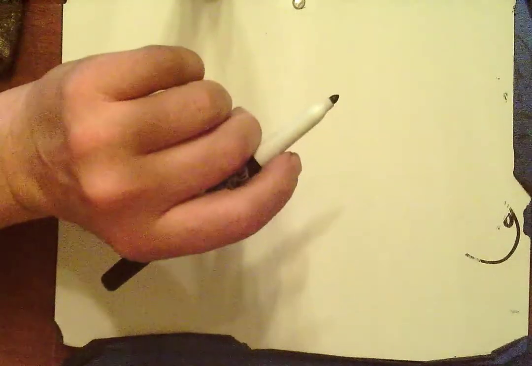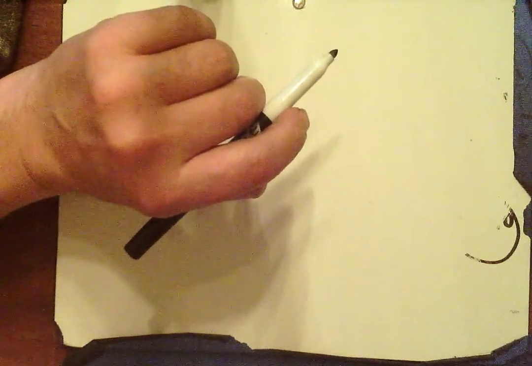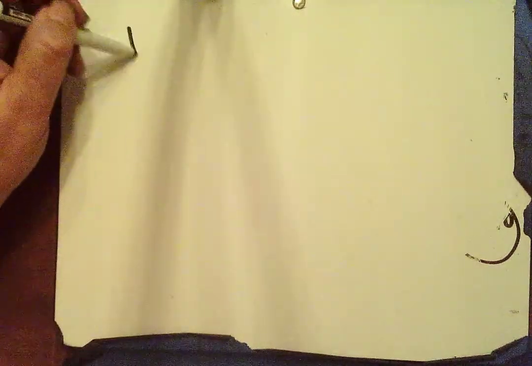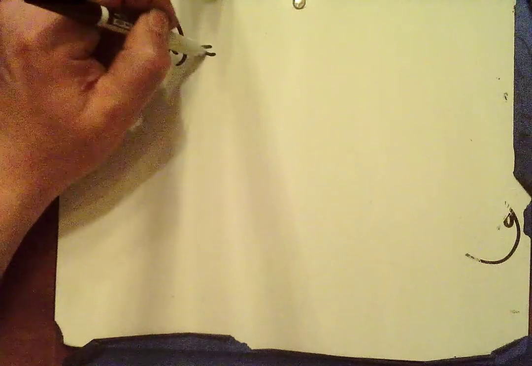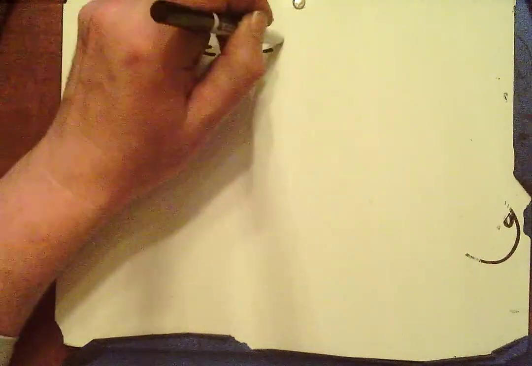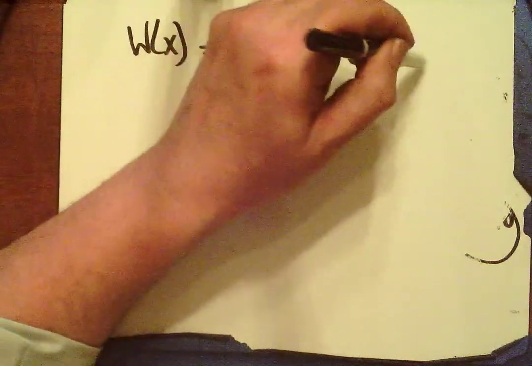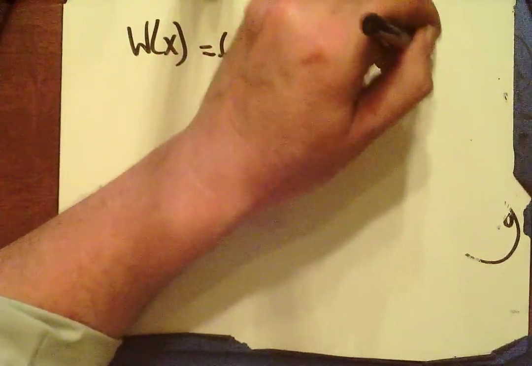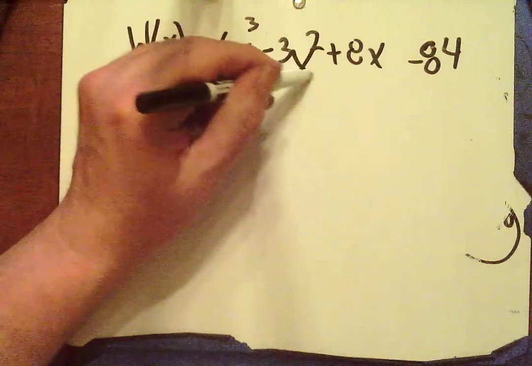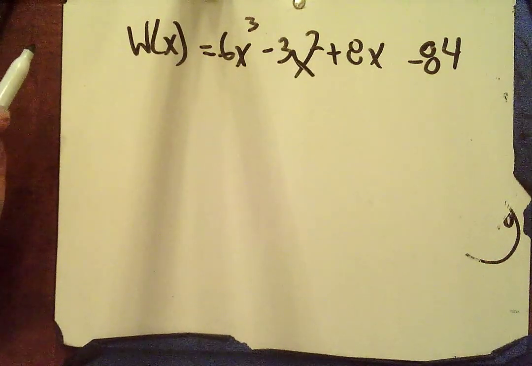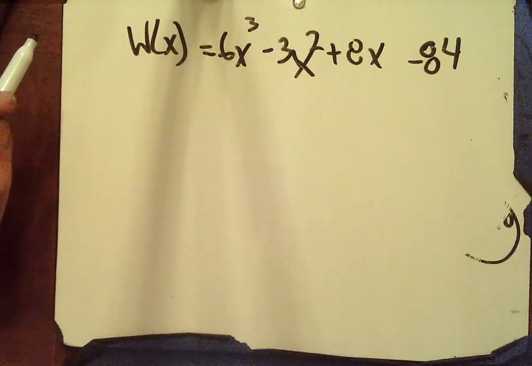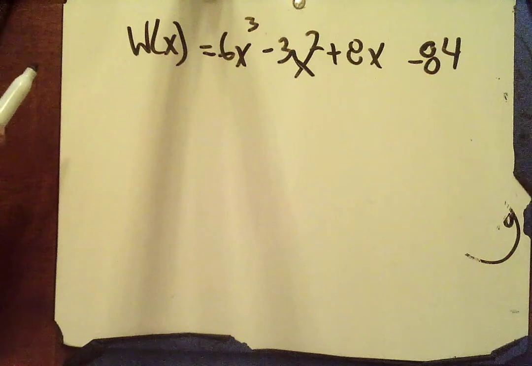All right, 15. Annual carbon emissions in Canada are modeled by W of x equals 6x to the third minus 3x squared plus 8x minus 84, where x is the number of years since 2002 and W is the number of metric tons of carbon Canada has thrown into the atmosphere.